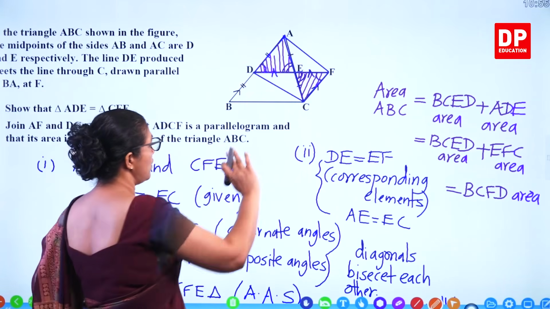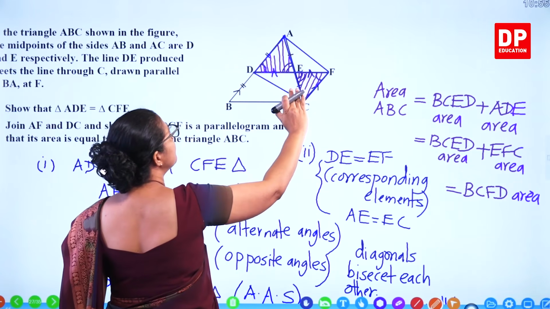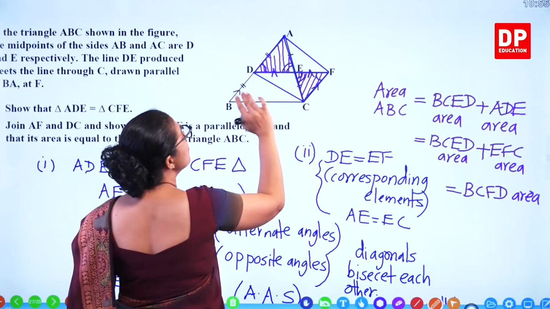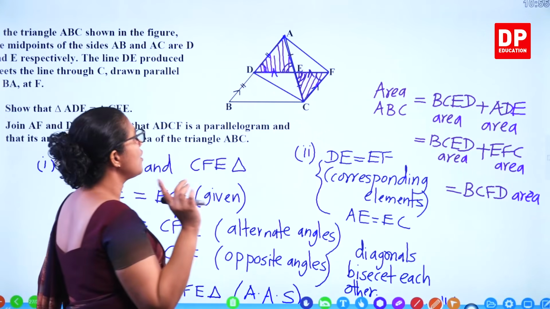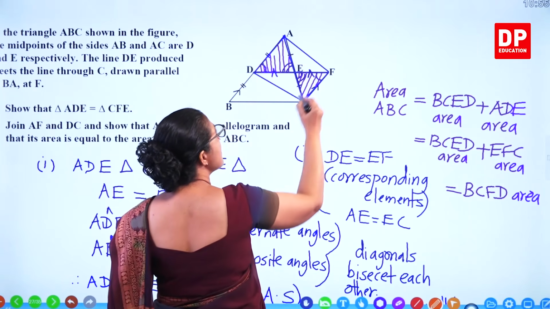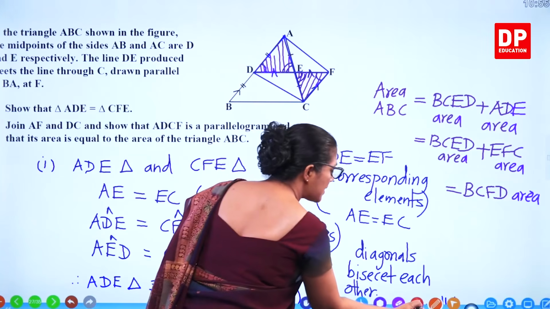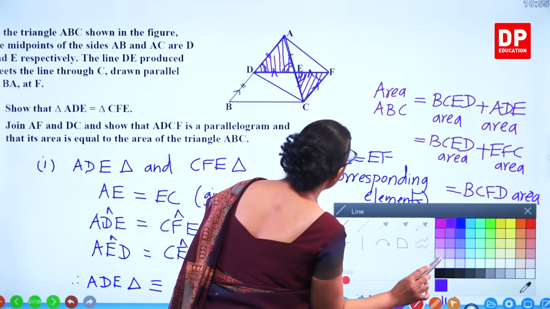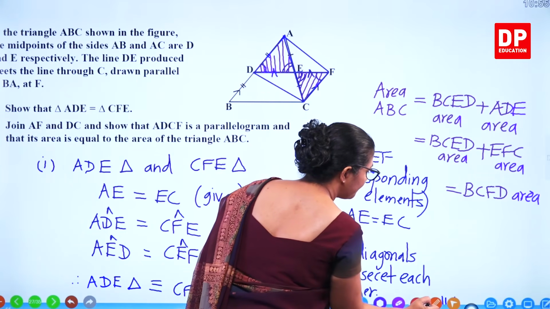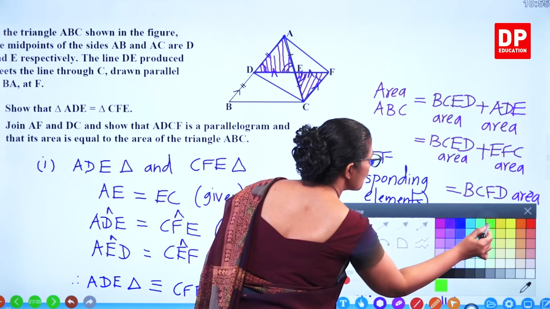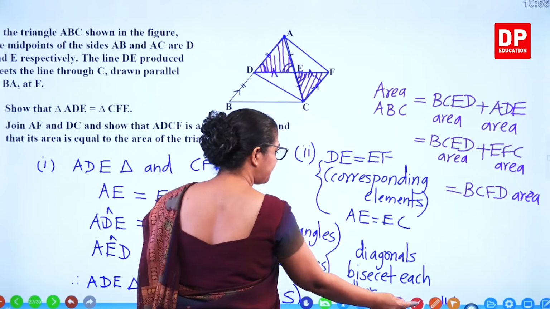Now look carefully. If you take this parallelogram and this parallelogram, both are in between the same parallel lines. Can you see that CF is the base and both are between the same parallel lines. I'll show you clearly with another color, green.